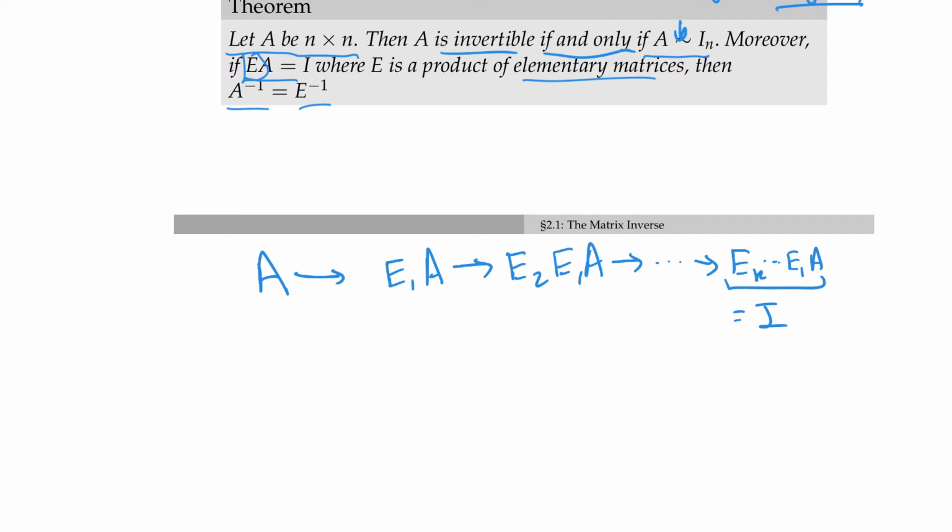Well, what does that mean? It means I have EK down to E1 times A equals the identity.